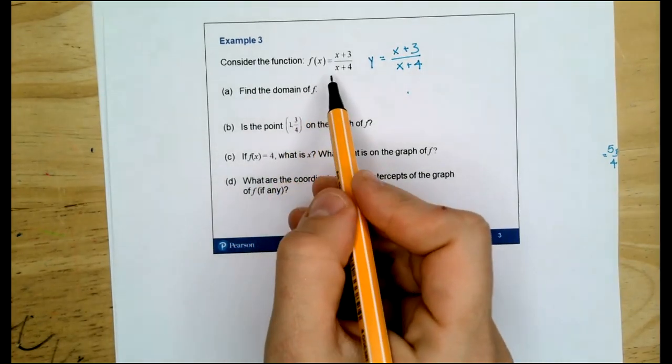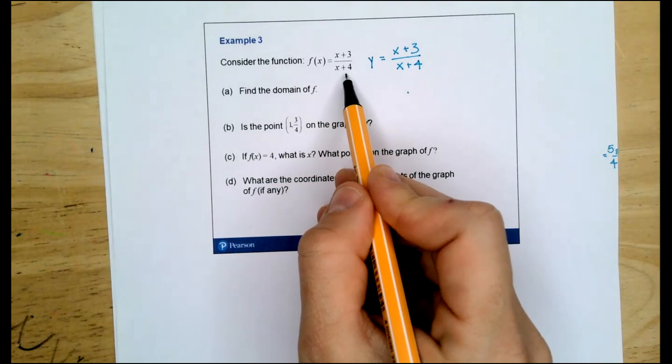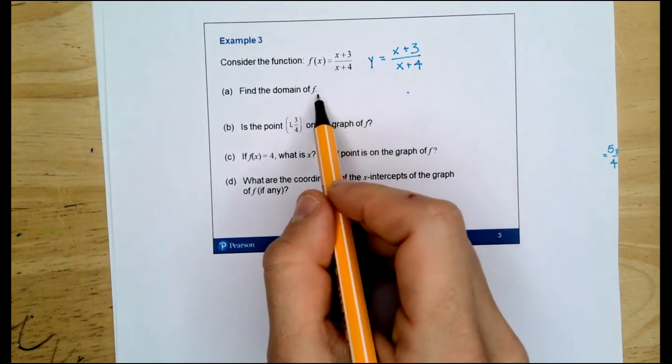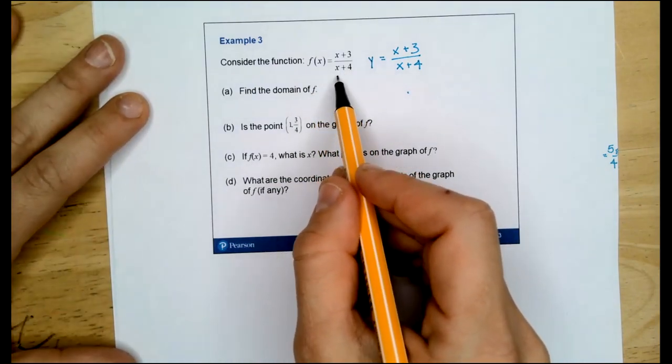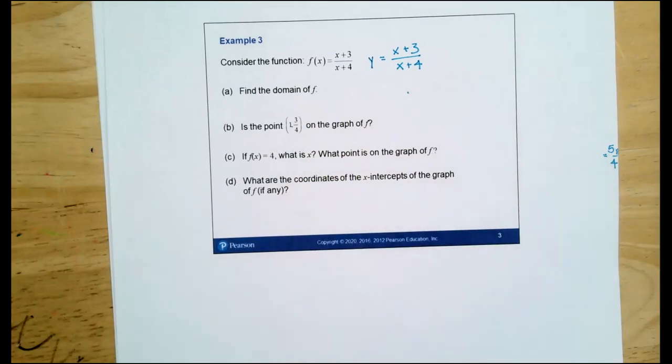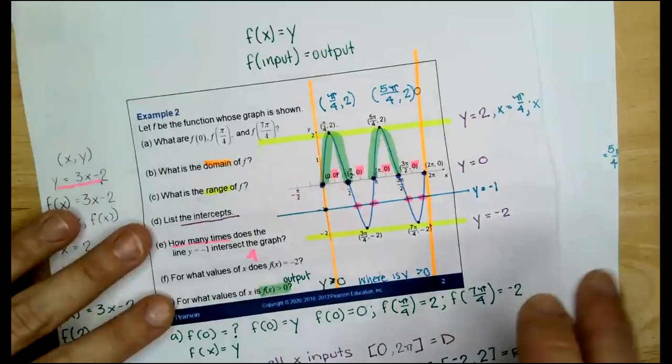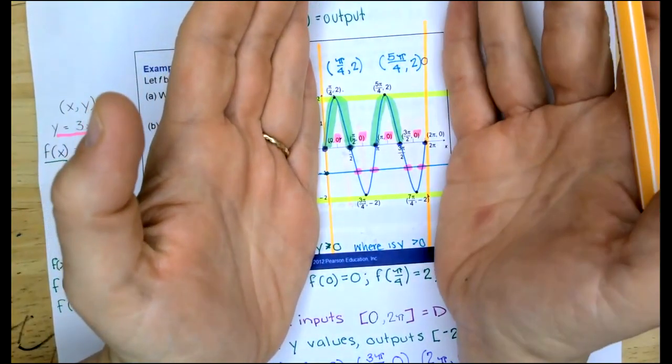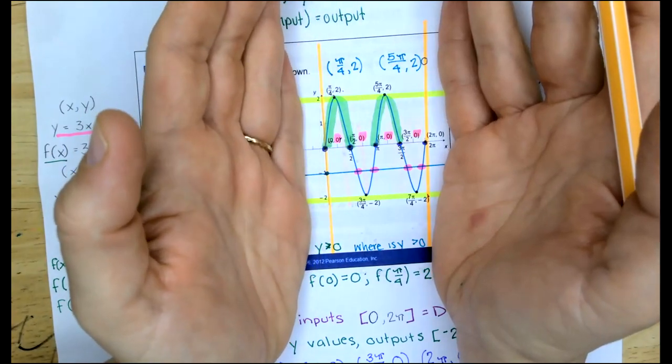They are asking us to find the domain of f. There are two rules when you're trying to find the domain. The domain just means all the x values. When we looked at the big graph, no equation, we just said the domain is from x equals 0 to x equals 2 pi.